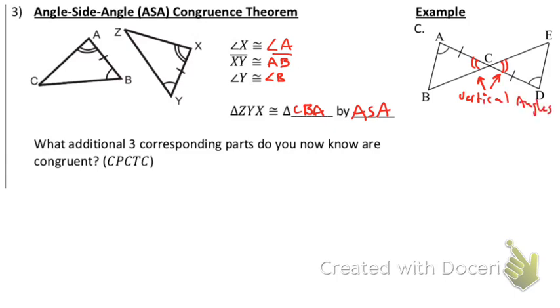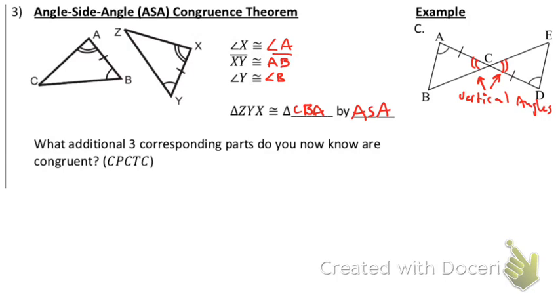Again, I'm not doing a full proof, we're just looking at it. Now, because of those angles, if you look at this triangle here, it's angle, side, angle, congruent to this one, angle, side, angle. So we would be able to use angle, side, angle there.